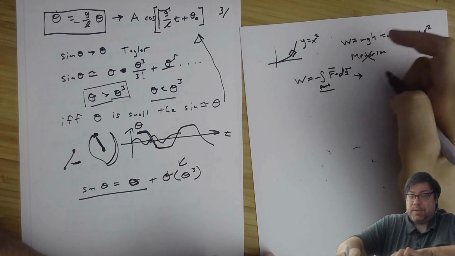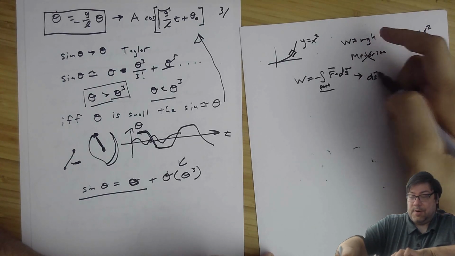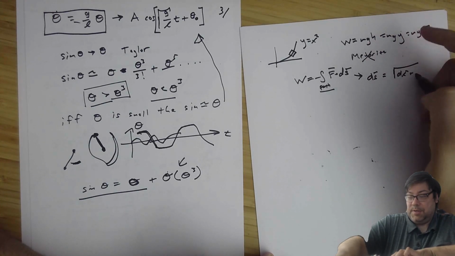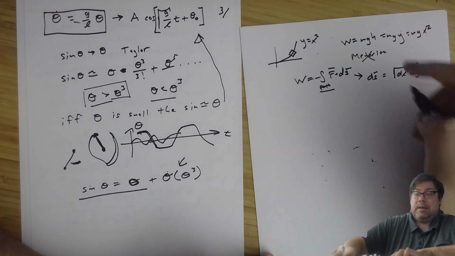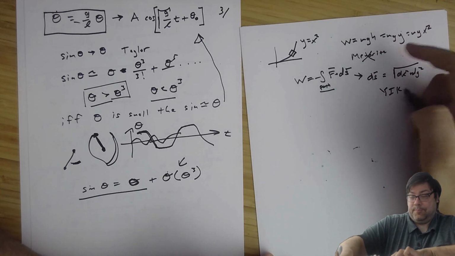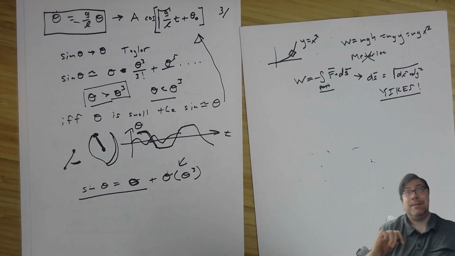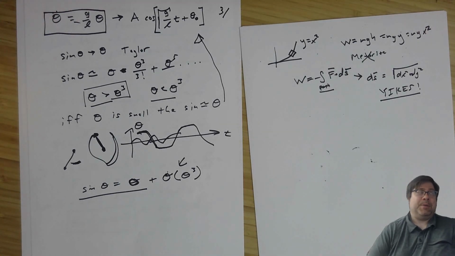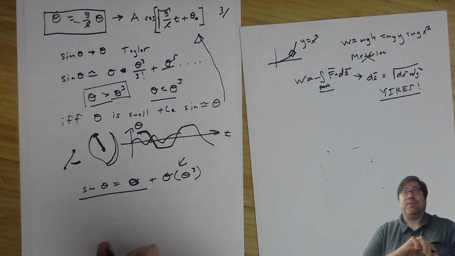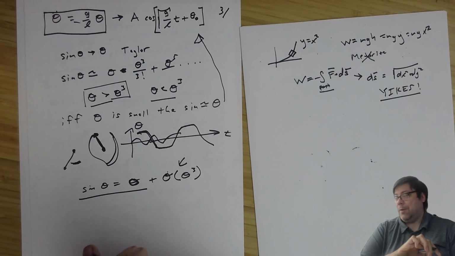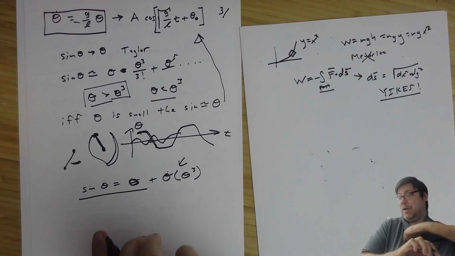In this case, ds actually equals the square root of dx squared plus dy squared. Yikes. If you're not used to vector calculus, this is going to be very disturbing. You have an integral with dx and dy squared, and the differential element is under a square root sign. Wow, that's not going to be fun.